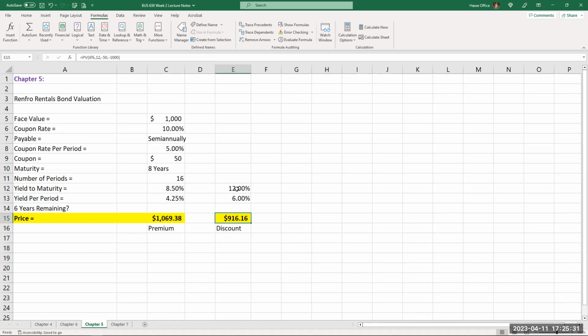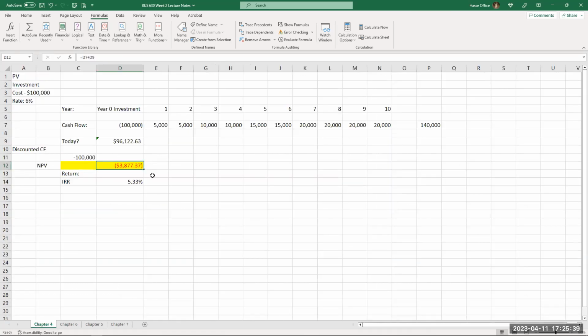This is a key concept in corporate finance, understanding that relationship of cost of money, interest rates, and inflation to the value of an asset. So in summary, this second week, we've looked at key ideas from chapter 4 about the time value of money in regards to investments, the net present value or discounted cash flow, and the internal rate of return. What is my return in dollars? What is my return in a percent?